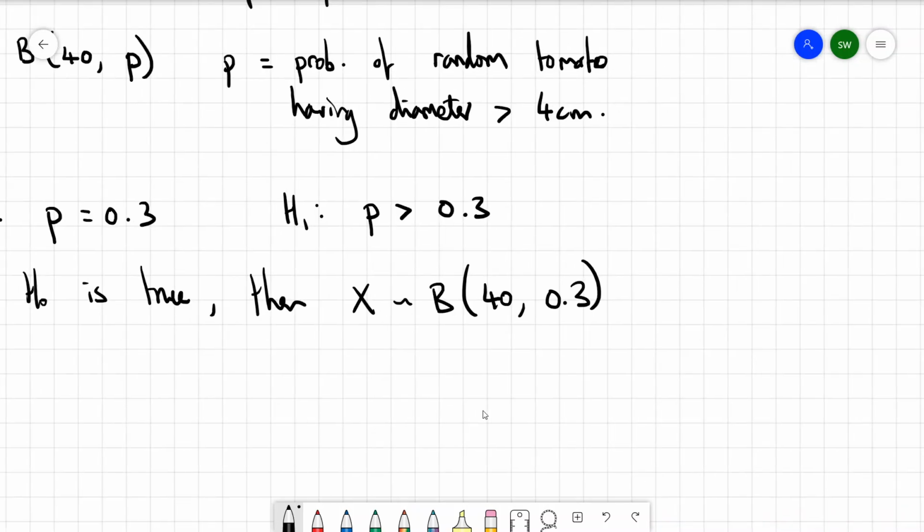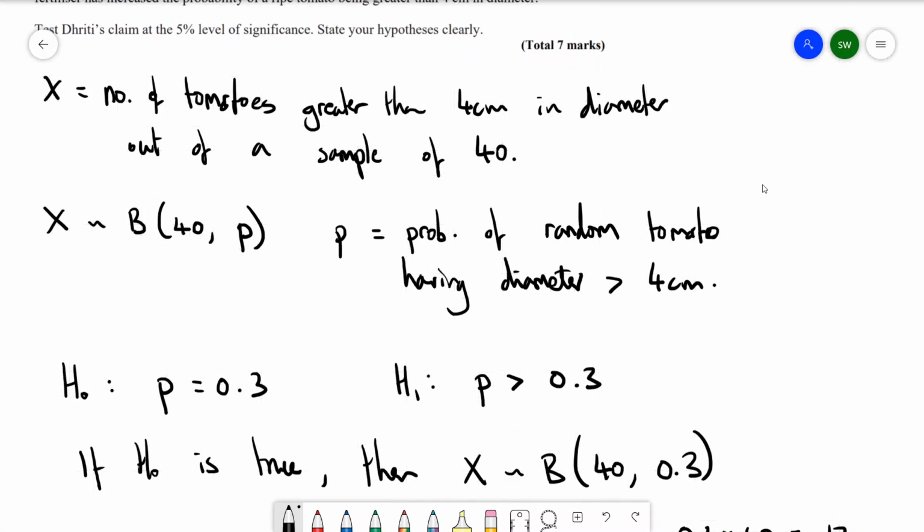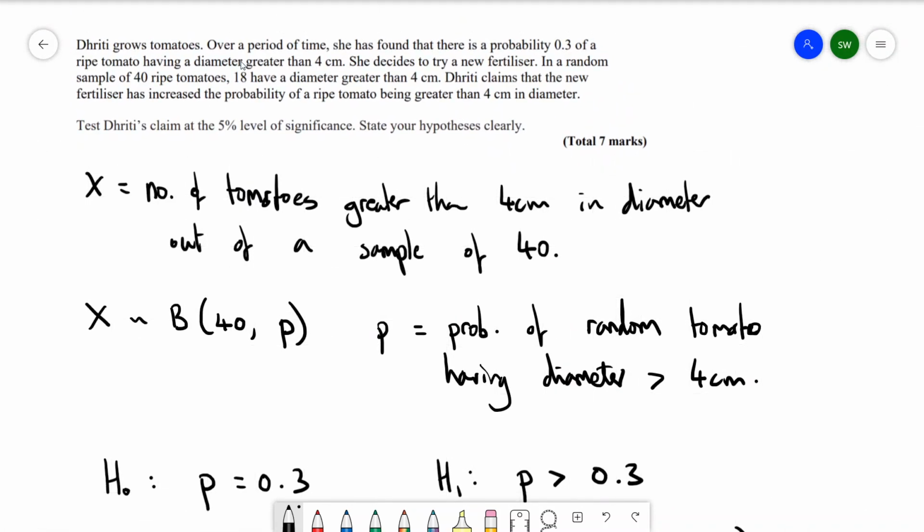It's worth noting at this point that the number of tomatoes we would expect to have a diameter greater than 4 centimetres would be 30% of 40, 0.3 times 40, which would be 12. So we would only expect 12 to have a big diameter out of the sample of 40, but actually we saw 18.